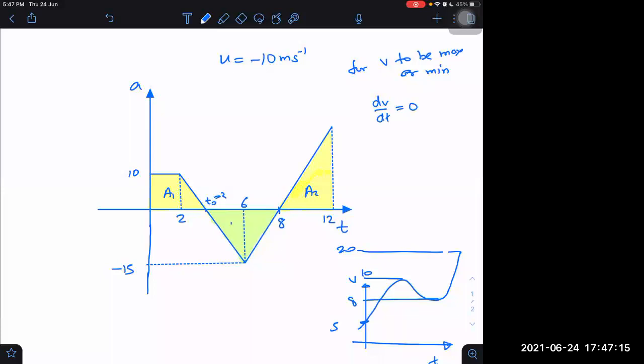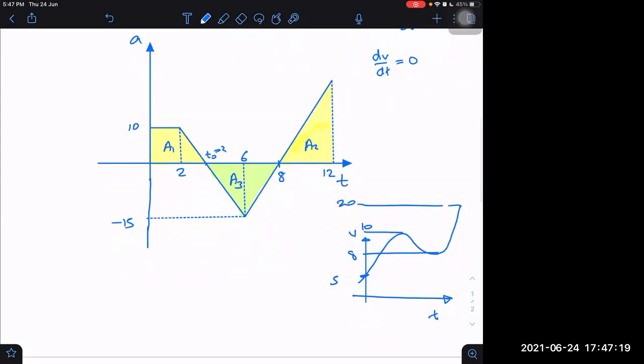Now, let us say it is A3. My answer would be this. What I asked you is to find the maximum speed. V max is equal to max of mod U, comma, U plus A1.